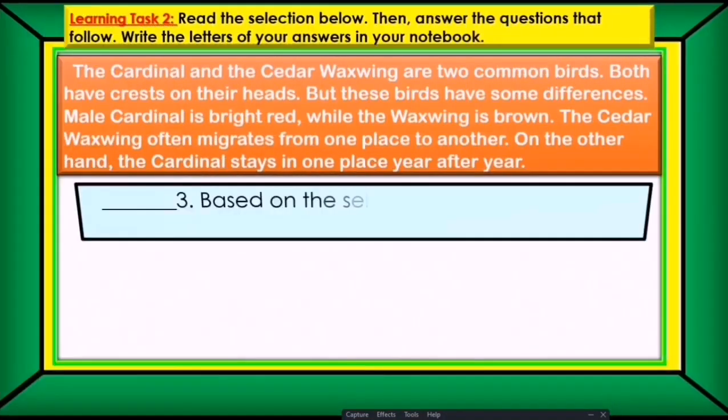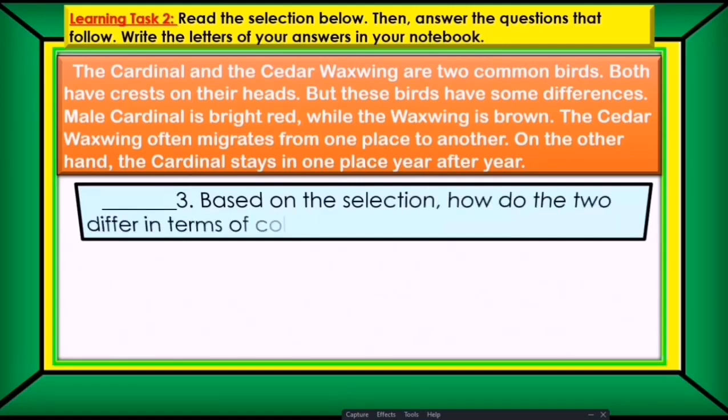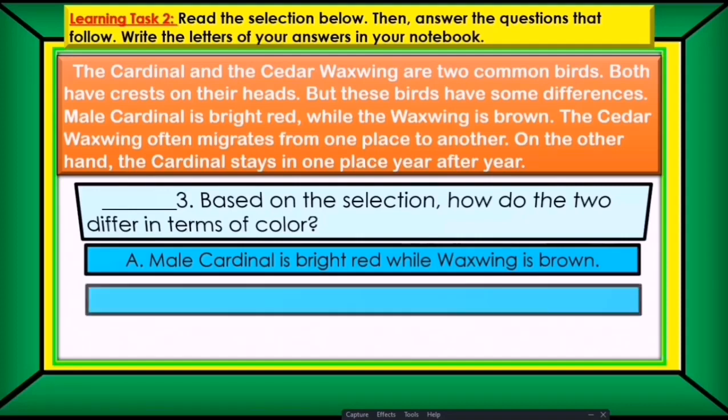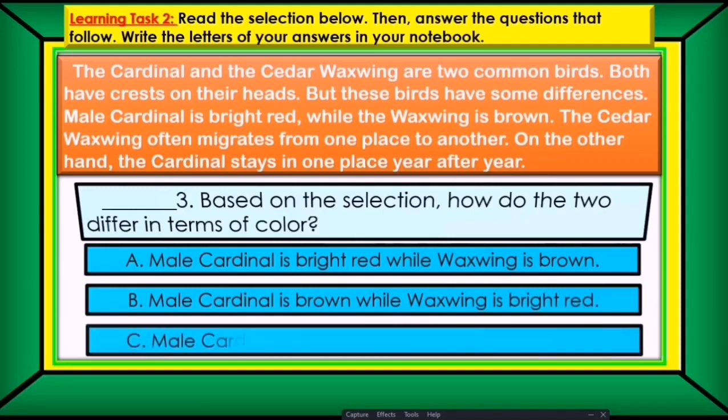Next. Based on the selection, how do the two differ in terms of color? A. Male cardinal is bright red, while waxwing is brown. B. Male cardinal is brown, while waxwing is bright red. And C. Male cardinal is bright brown, while waxwing is red. So try to read it again.